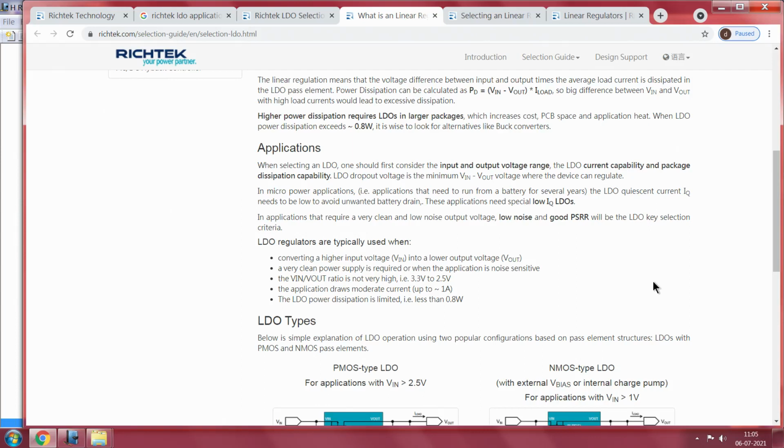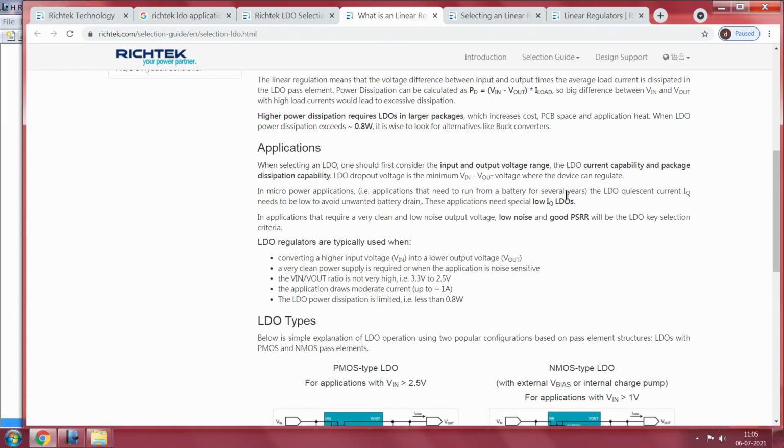Before that, if the LDO has to function, the LDO also requires some amount of current. It not only is dropping the voltage, it requires a certain amount of current itself. That current is called the quiescent current, which is written here. You see, IQ, which is shown here, is essentially the quiescent current of the LDO itself. So, that should be very small.